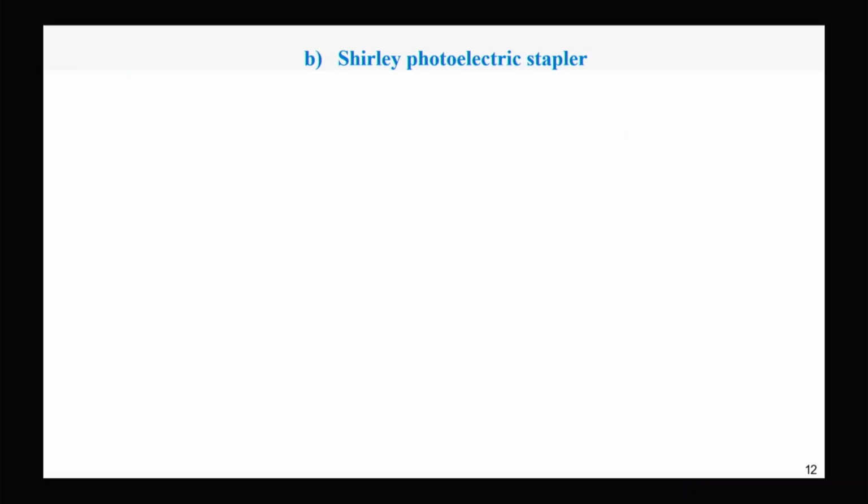Now, due to the subjectivity of the hand stapling method, mainly subjectivity comes in defining the edge point.